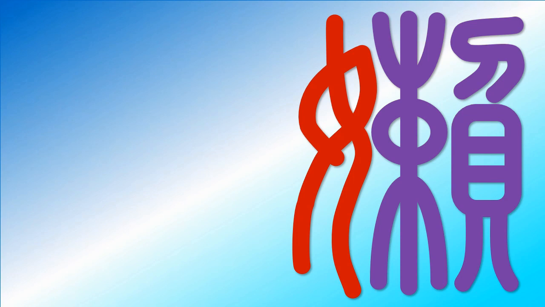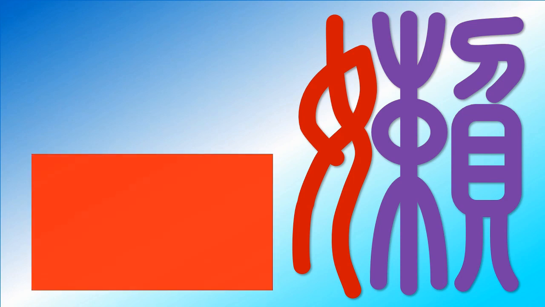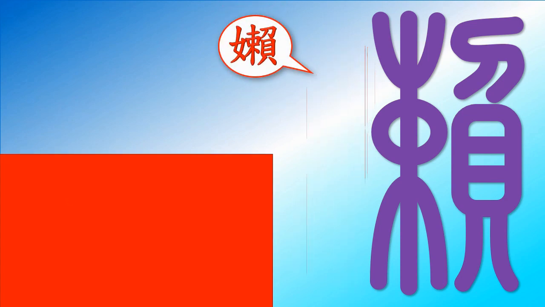Our last character takes 赖 as its phonetic element and simply inserts the heart radical on the left to create the character for laziness, idleness, listlessness, pronounced third tone, 懒. Literally, a heart or intention to rely on others.